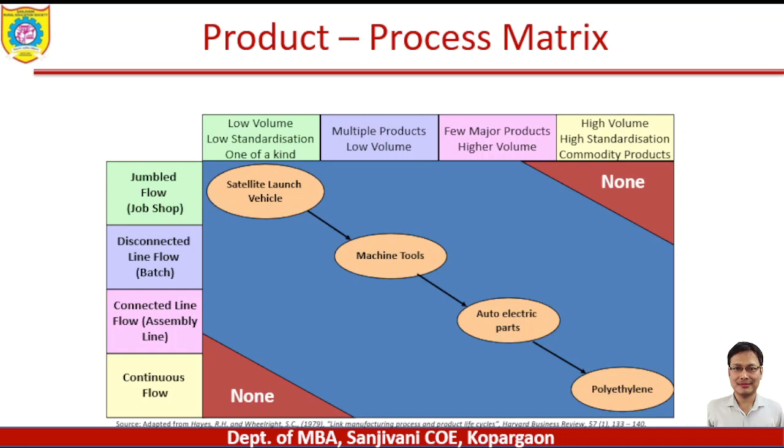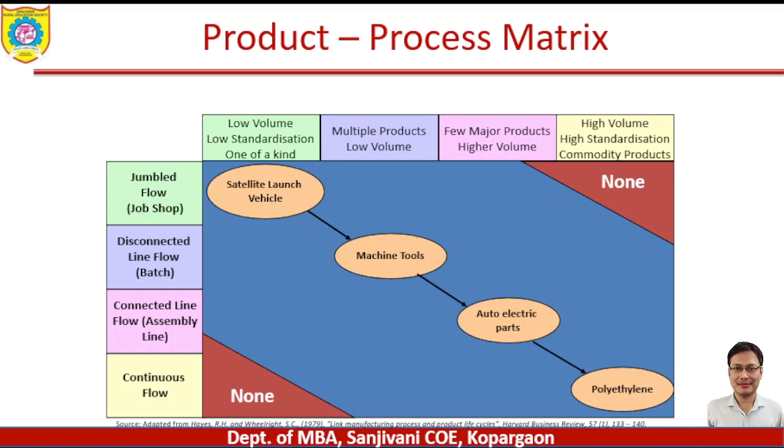We can further understand this flow and volume relationship along with some product examples in this product process matrix. On the top left corner, we can see the product satellite launching vehicle. This is a unique product which is manufactured as per the requirement of a satellite to be launched.